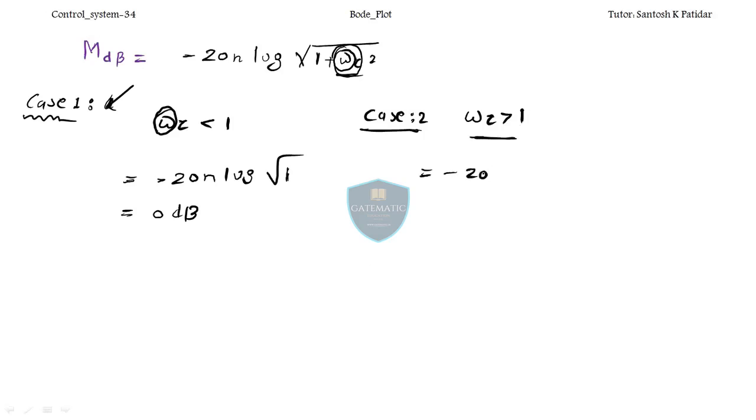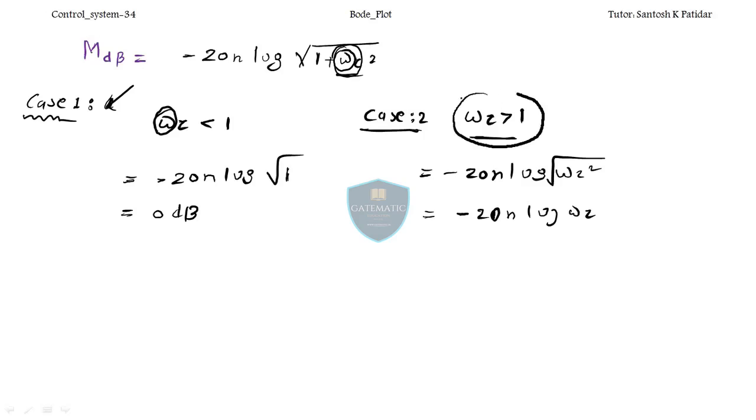So over here this will be 20n log omega tau square, neglecting 1, you will get 20n log omega tau. So if omega tau is greater than 1, your magnitude will become minus 20n log omega tau. Isn't it?